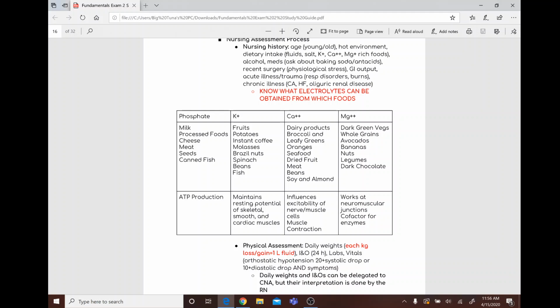What foods can we get calcium from? Dairy products, broccoli, leafy greens, oranges, seafood, dried fruits, meat, beans, soy, almonds. What is the function of calcium? Influences excitability of nerve and muscle cells, muscle contraction. What foods can we get magnesium from?